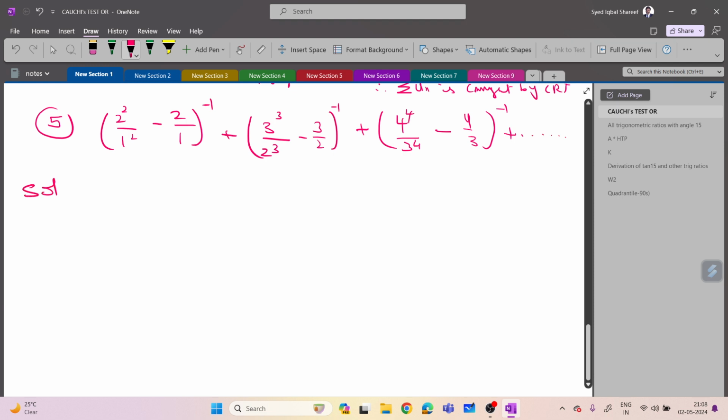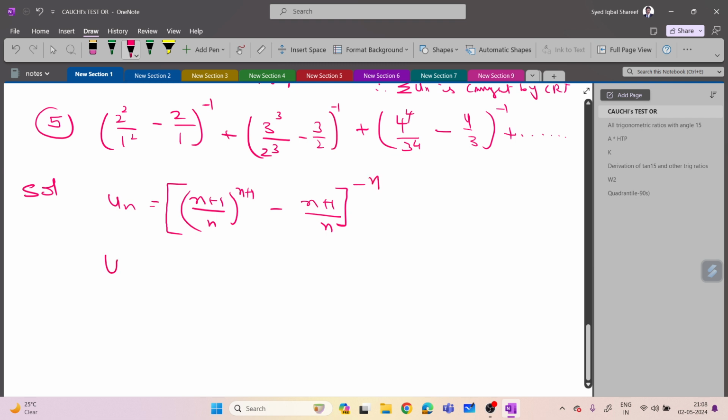So here what is our un? Un equal to n plus 1 by n whole to the power of n plus 1 minus n plus 1 by n whole to the power of minus n. It is there with us.